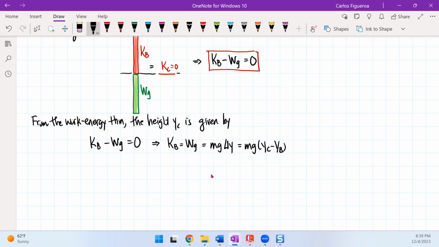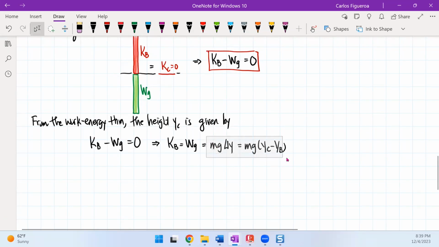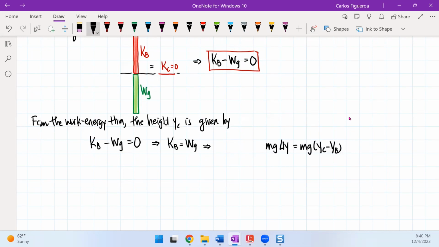So when I put this all together, which I realized I did not write in, I should have written something like this a little bit clearer. Let me move this over to the side. What this tells us is that 1/2 m vb squared is going to equal this quantity.